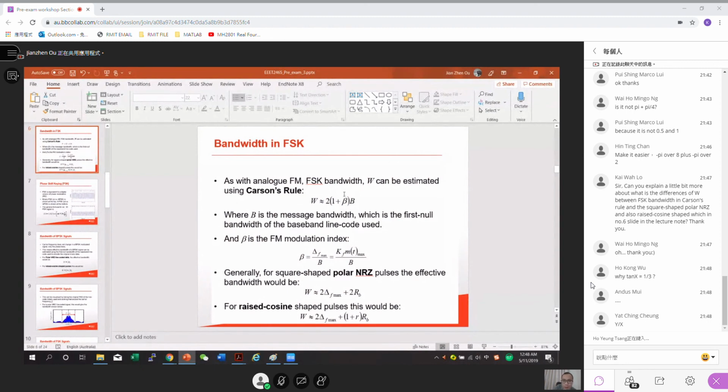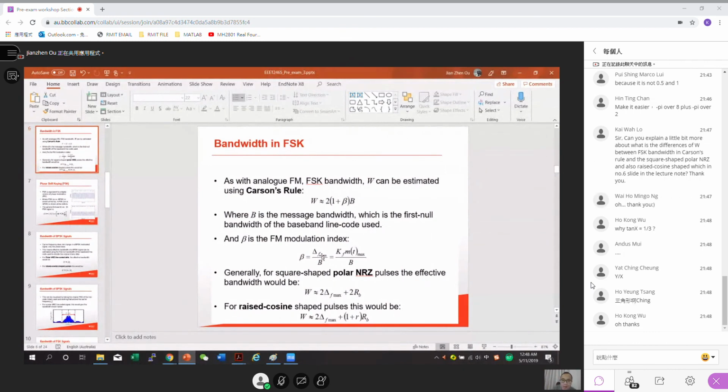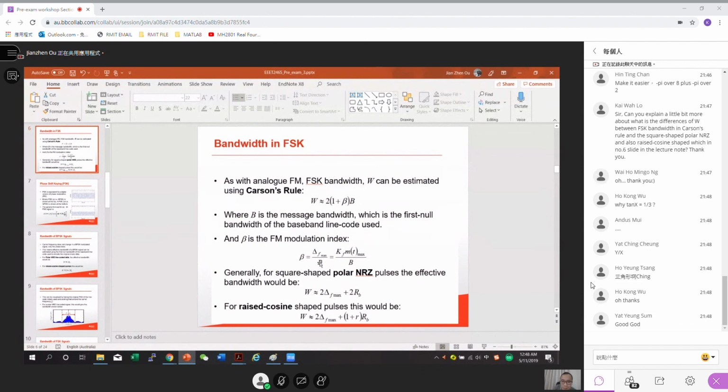So now we just need to calculate the beta, which is the modulation index. The modulation index here is the frequency deviation, delta F max, equal to the frequency difference between bit 1 and bit 0 of the carrier, divided by B, which is the bandwidth of the baseband. So this is how it goes.